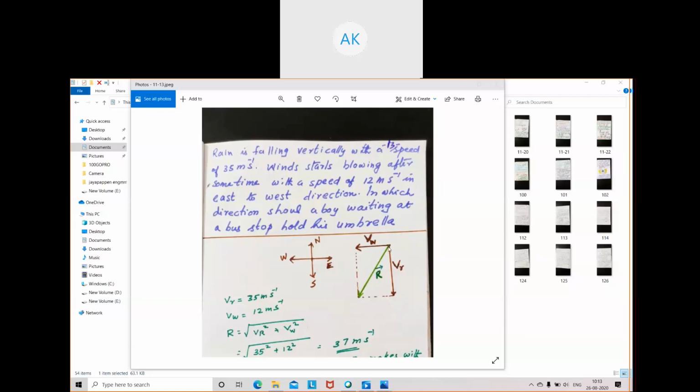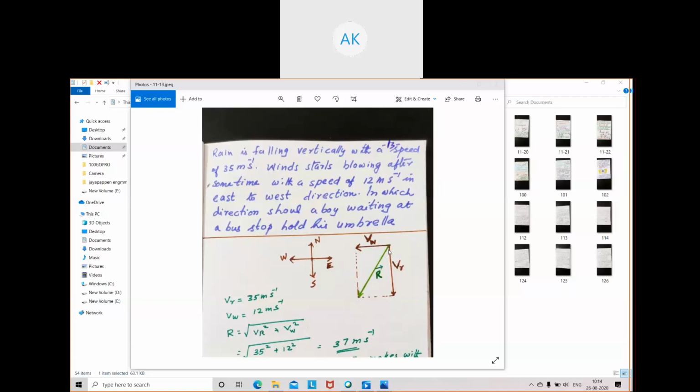You have to draw the diagonal from that point, because the other diagonal is also possible, but that will not give the resultant. The resultant is given by the diagonal drawn from the same point of intersection of the two vectors.